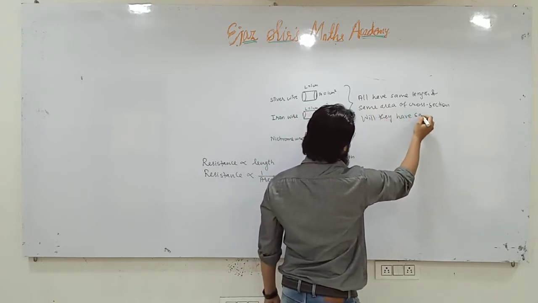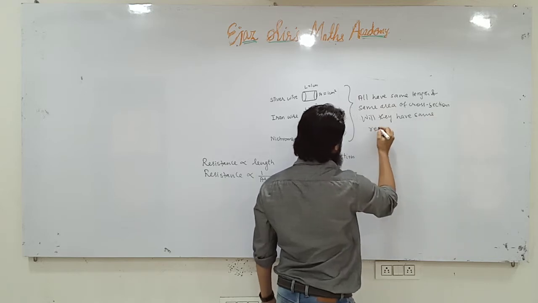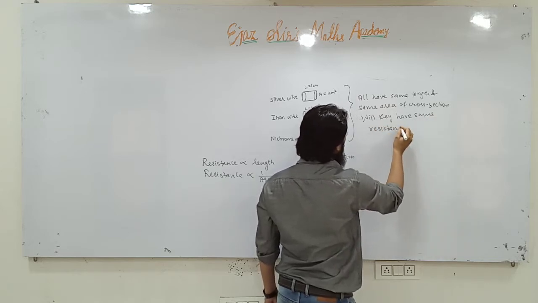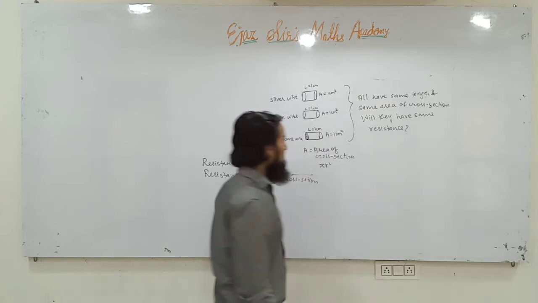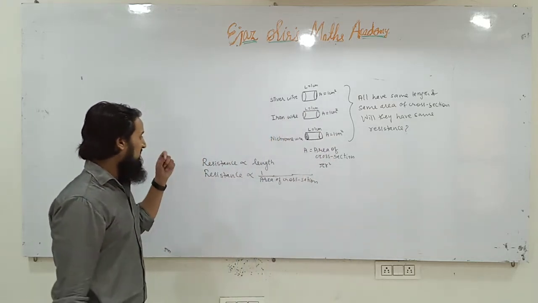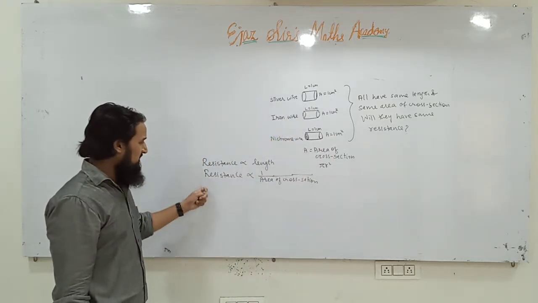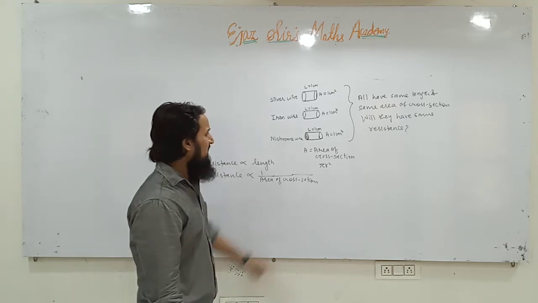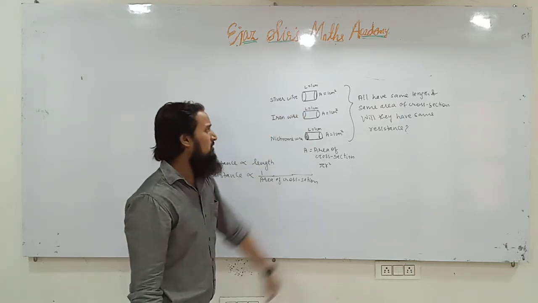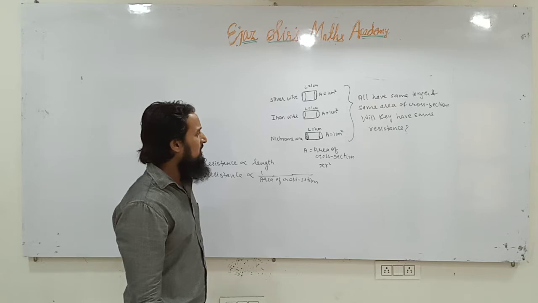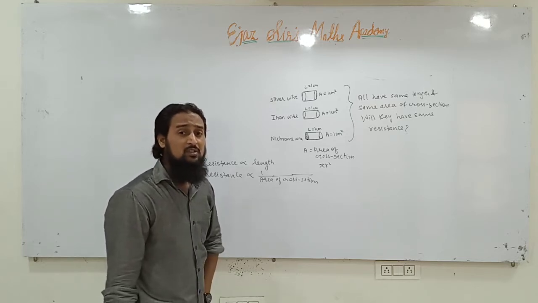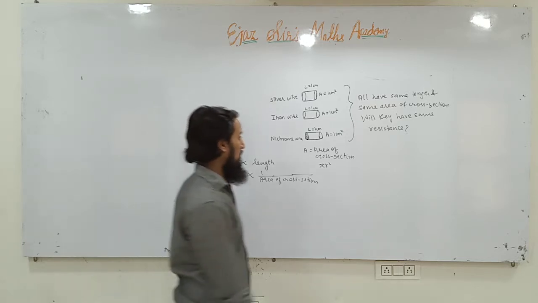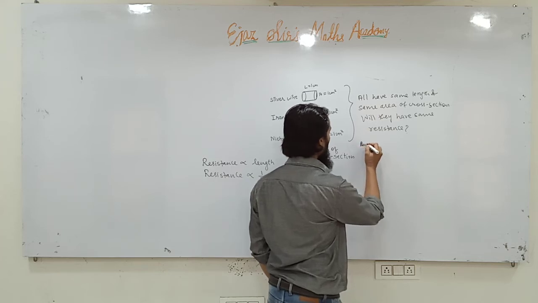Will they have same resistance? If resistance depends on length and on area of cross section, then their lengths are equal, their areas of cross sections are equal, then their resistance should be the same. But no, the answer is no.